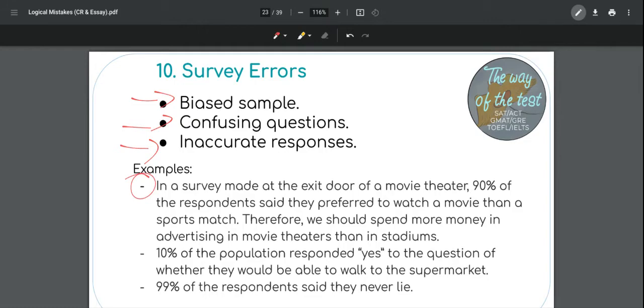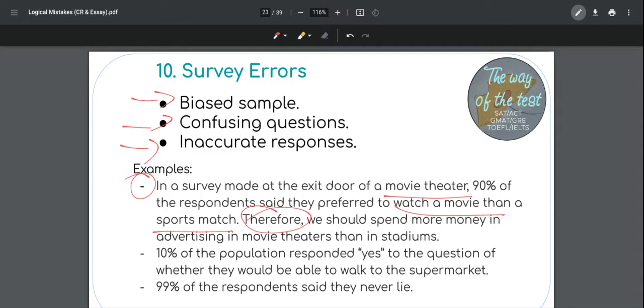In a survey made at the exit door of a movie theater, 90% of respondents say that they prefer to watch a movie than a sport match. Therefore, and here's the key, we should spend more money advertising the movie theaters than stadiums. Did you spot the mistake? Of course, if you poll people outside a movie theater, the majority of them are going to say that they prefer to watch a movie, right?